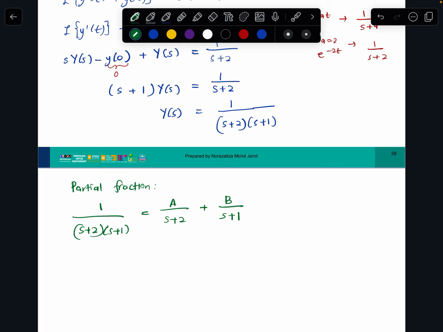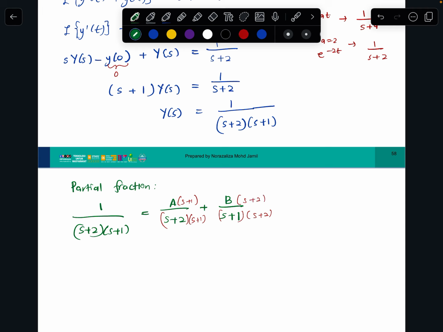Okay, so next we want to solve a and b. Look at the first term. To get the original fraction, you should multiply by s plus 1 on the upper and lower part. For the second term, you have to multiply by s plus 2.